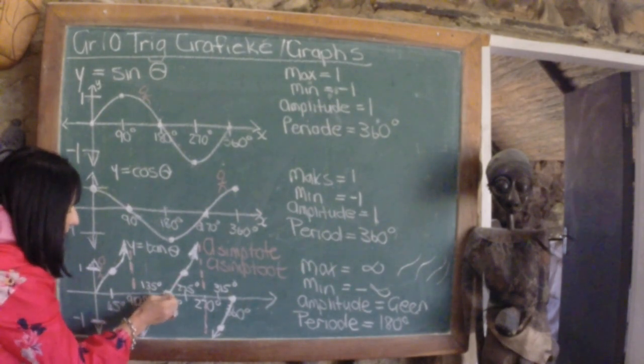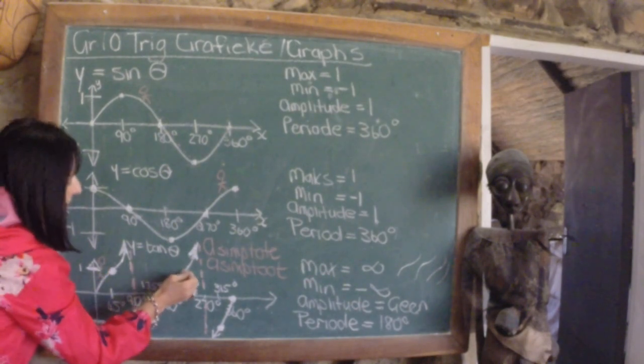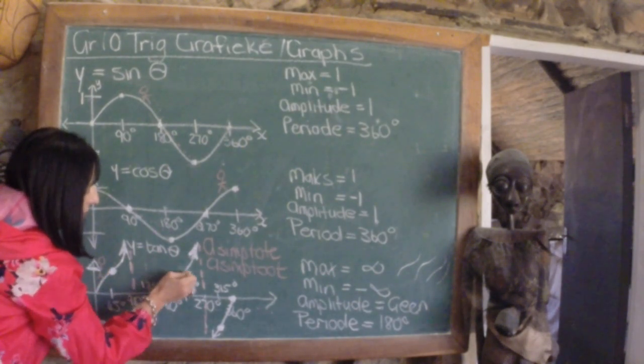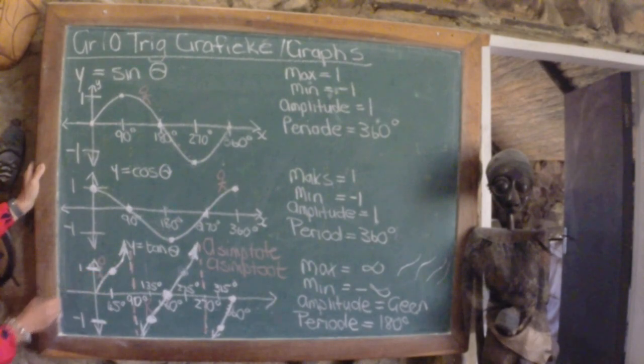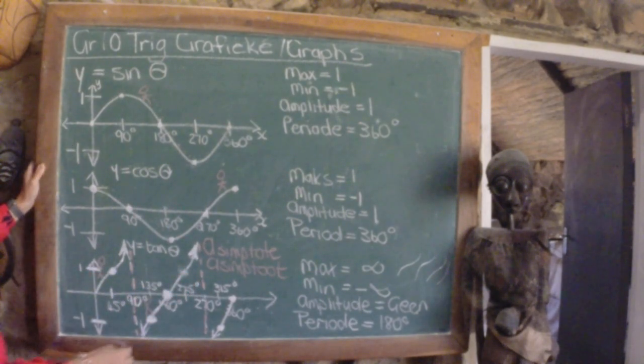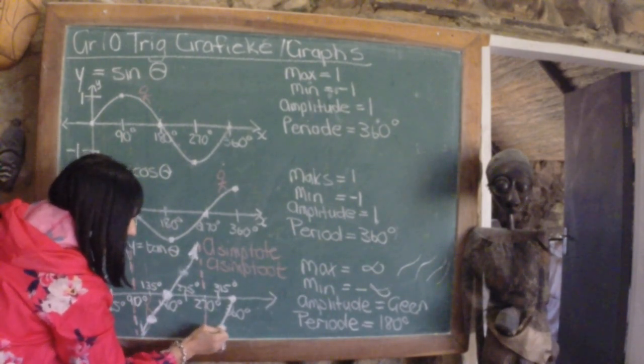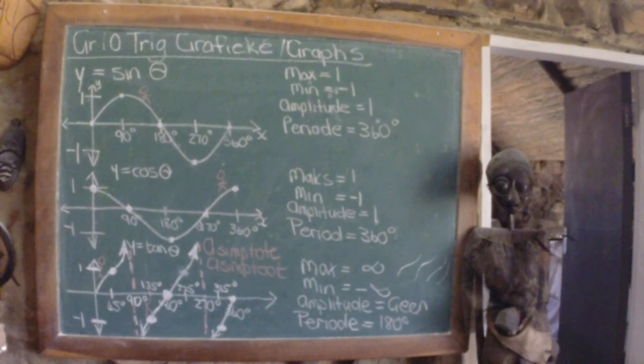180, I've got the dot on the x-axis. 225, I've got a dot at 1. And 315 over there, I've got a dot at -1 there. So kyk hoe teken ek.